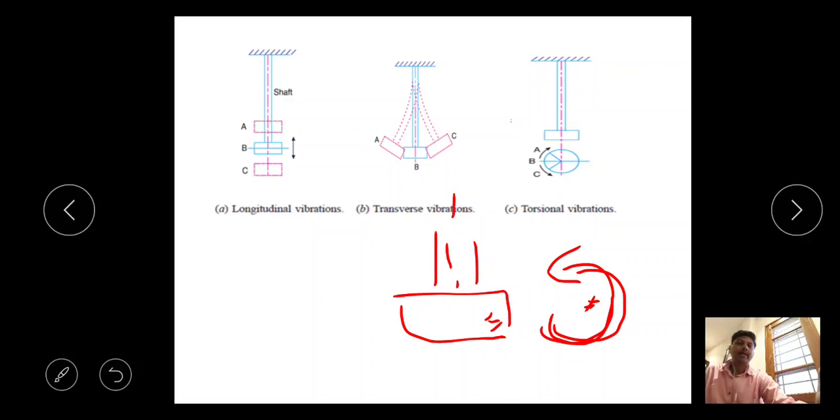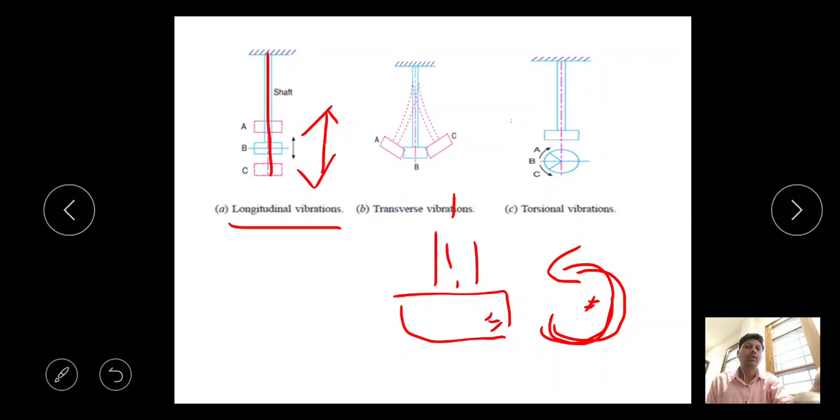So there are three types of free vibration. One is longitudinal vibration: if the particle is moving up and down, parallel to the axis of the shaft, it is called longitudinal vibration.